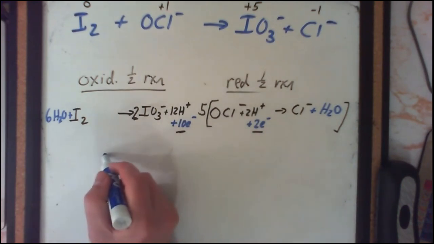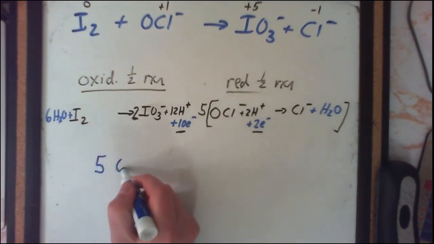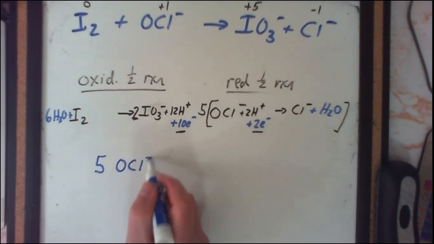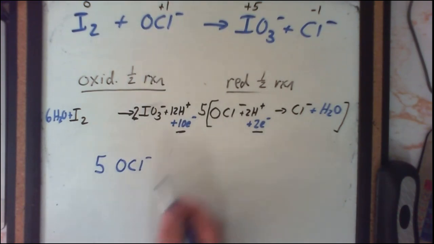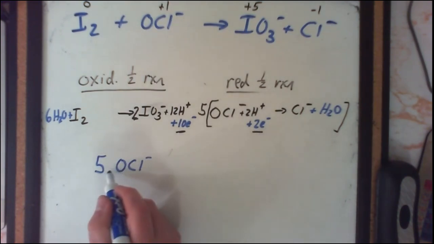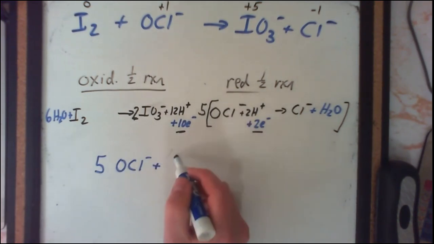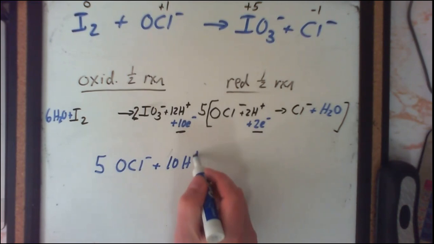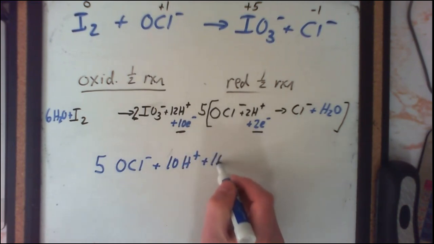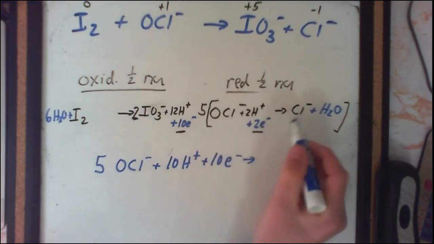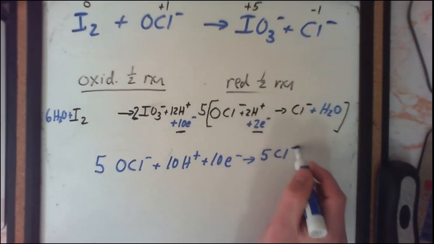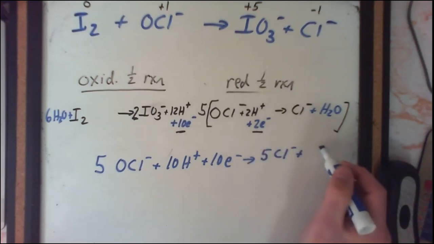The reduction half reaction, in preparation for adding these 2 equations together, I get 5 OCl minus, and you may want to make sure that you keep that separate so you don't interpret that as 50 chloride ions. Very easy to do. 5 times 2 is 10 hydrogen ions. 5 times 2 is 10 electrons. Produces 5 times 1 is 5 chloride ions, and 5 times 1 is 5 water molecules.